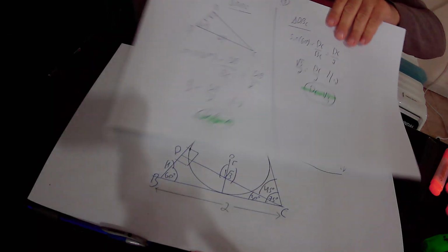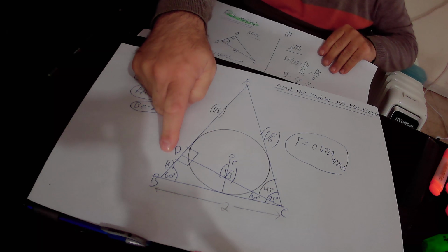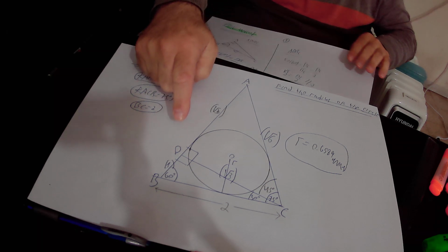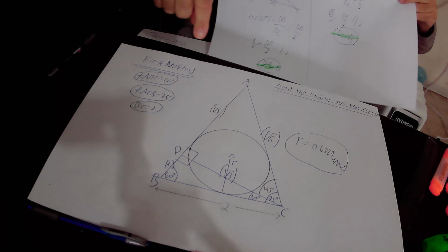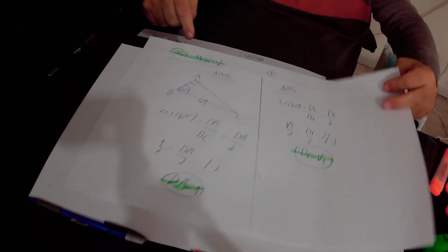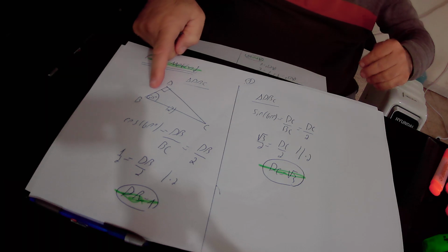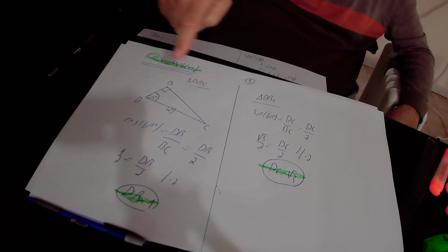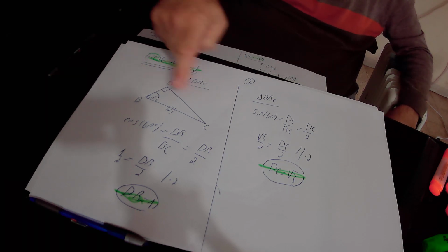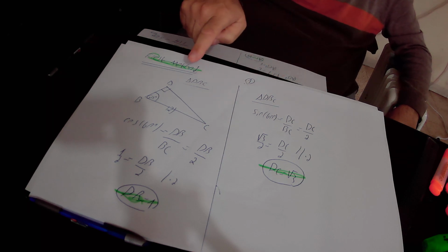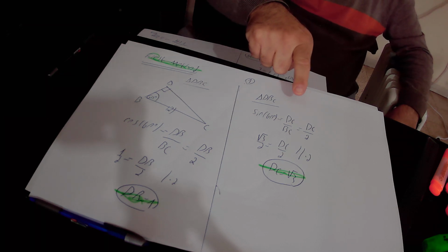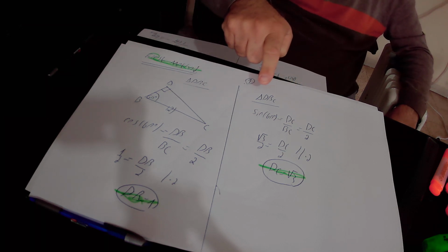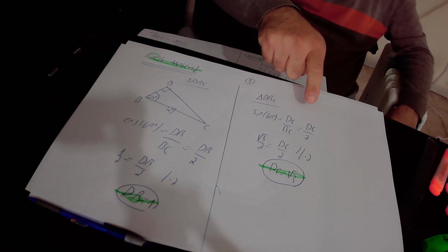Here, this line segment BD equals 1 unit in length. We continue to focus on the right triangle BDC. Sine 60 degrees equals DC over BC, and BC is 2, so sine 60 degrees equals DC over 2.